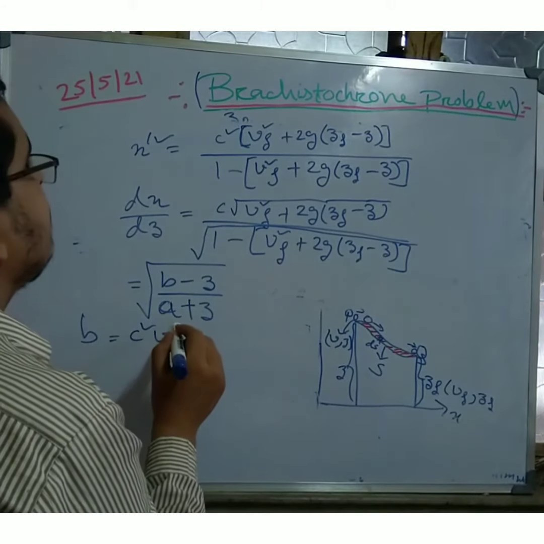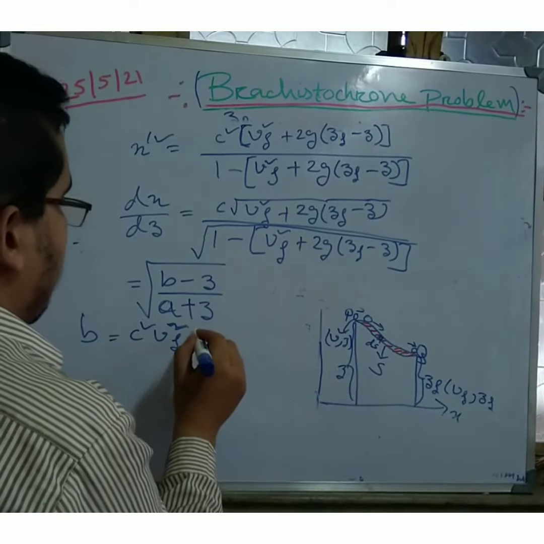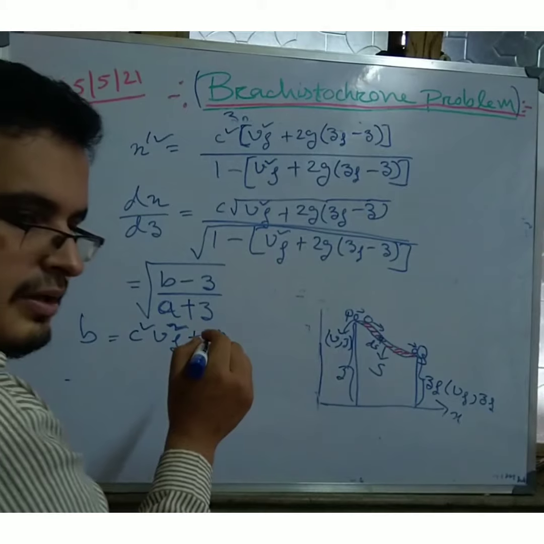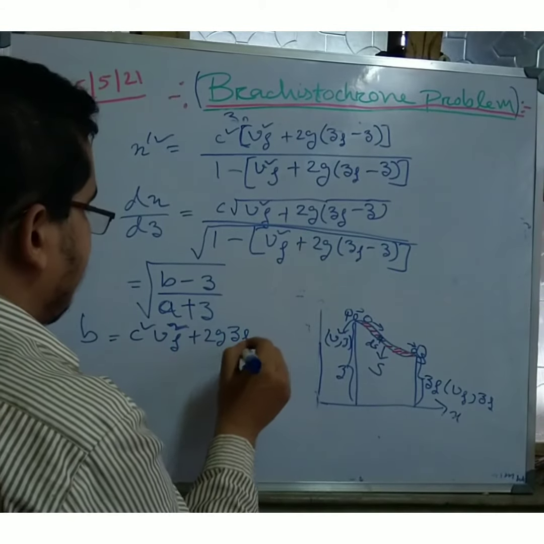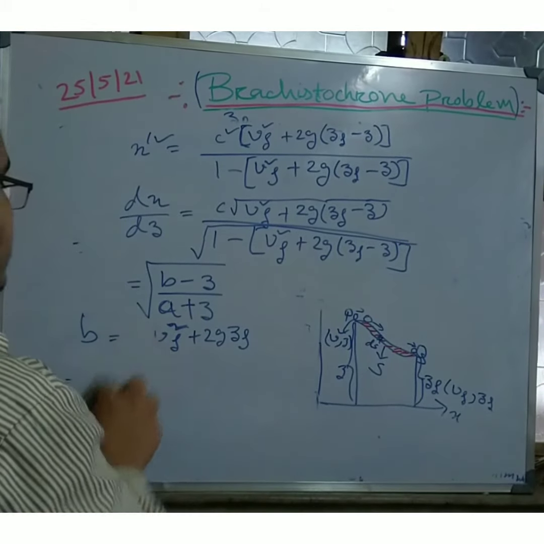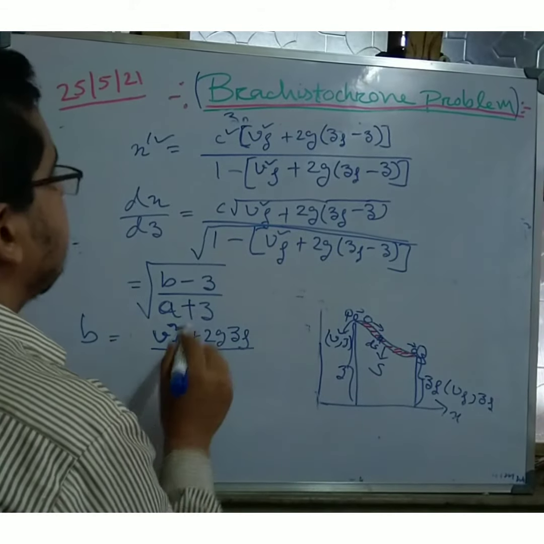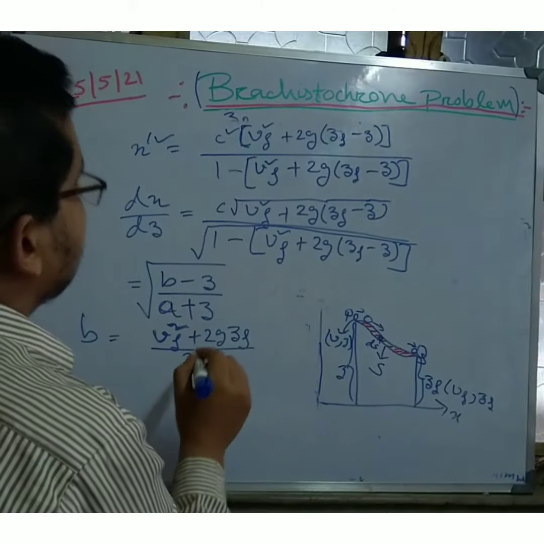B means c square into b square f plus 2g zf, and if I remove this, it can be written in this way: b square f divided by 2g.